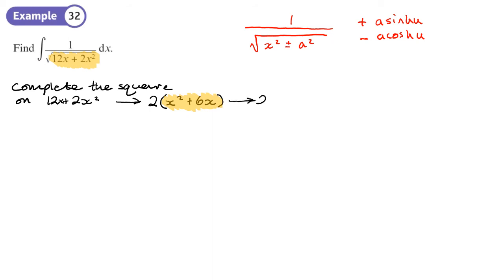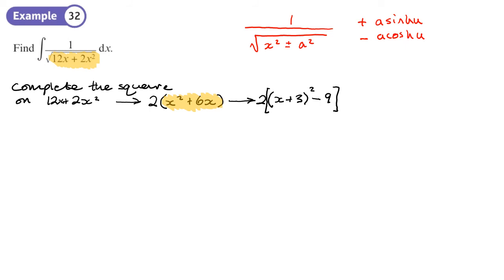So that'd be 2 times x plus 3 all squared. So that'll give me the x squared and the 6x, but it will also give me a plus 9, which I need to remove. So I need to do minus 9 there. So now we've completed the square on the denominator.